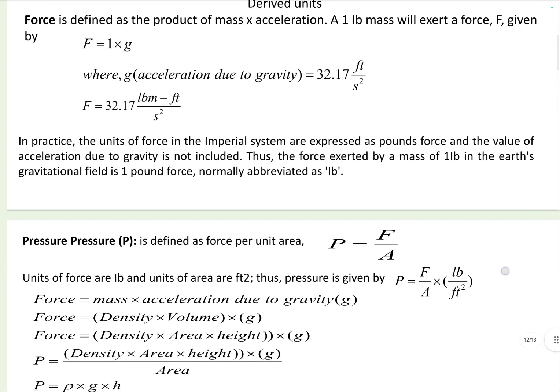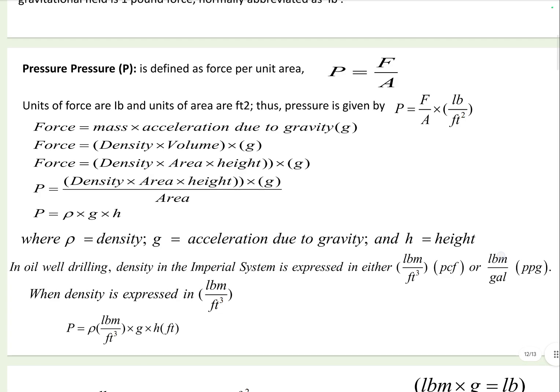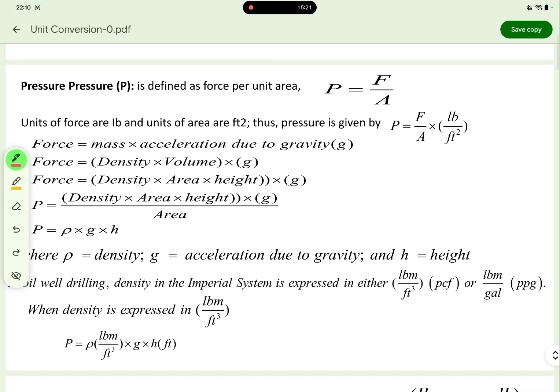And let's do some basic calculations so that we can find this very interesting. Yeah, so we know that pressure is defined as the force per unit area. This is the basic, fundamental thing we know. Now we want to write this thing in terms of a field unit, right?